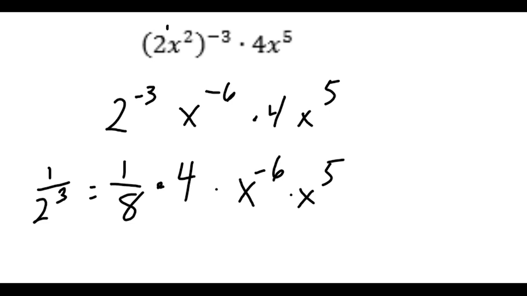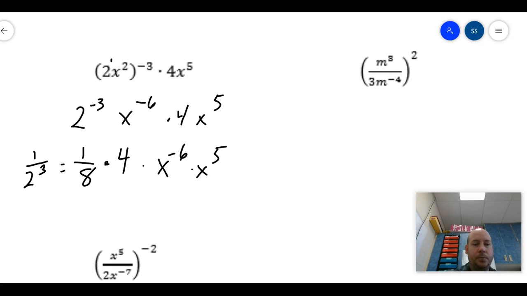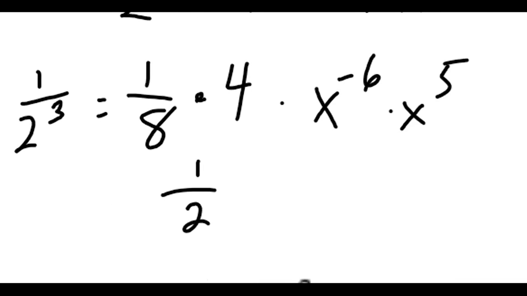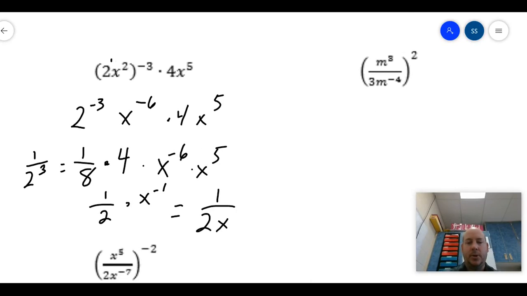Okay. If I simplify all that, 1/8 times 4 would be 4/8. 4/8 is a half. And that would be x to the negative first. Again, add your exponents there. Okay, and if I make that positive 1, I've got to move it into the denominator. So that would be 1 over 2x to the first power. And again, we don't need to put to the first power.